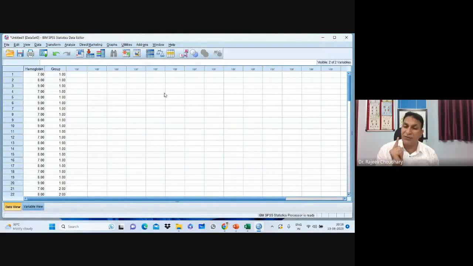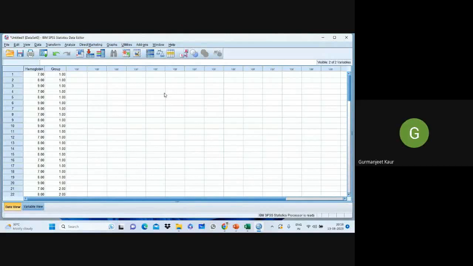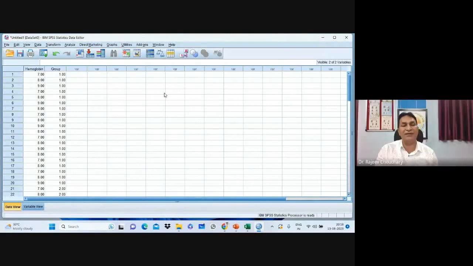Please keep in mind, we have to apply the parallel non-parametric technique of the independent t-test. In the independent t-test, how many groups do we have? 2. That can be considered as a pair.